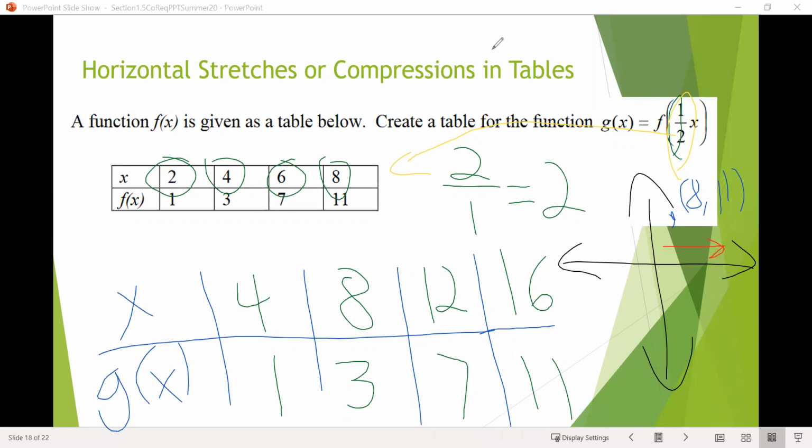And because it's a 1/2, between 0 and 1, it does the opposite of what we think, so it actually stretches things horizontally. And so when we do that, the point gets stretched out, the output stays the same, so the output is still 11, but the input gets doubled. So in this case we get the point (16, 11), which is what we see here in our table.